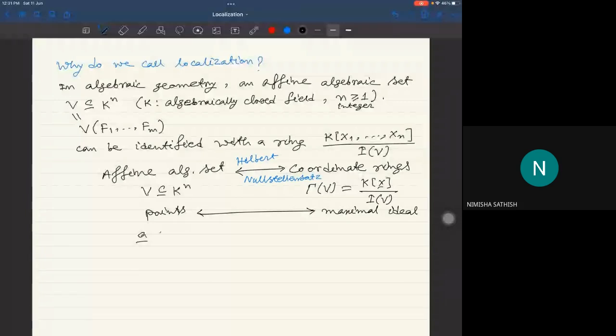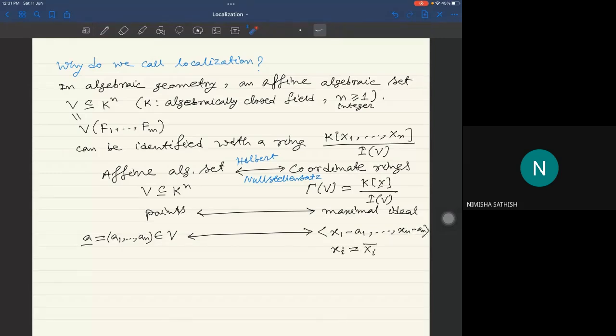If you consider a point a = (a1, ..., an) in V, then the corresponding maximal ideal is generated by x1 minus a1, ..., xn minus an, where small xi is the equivalence class of big Xi. You can verify that this is a maximal ideal in this coordinate ring.